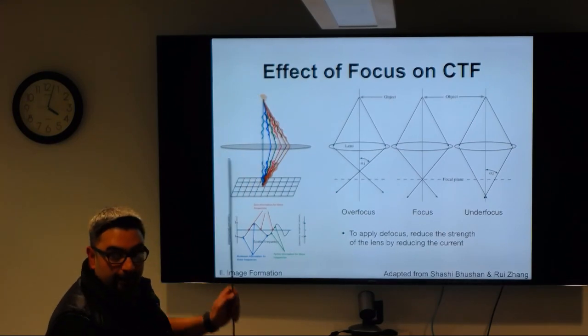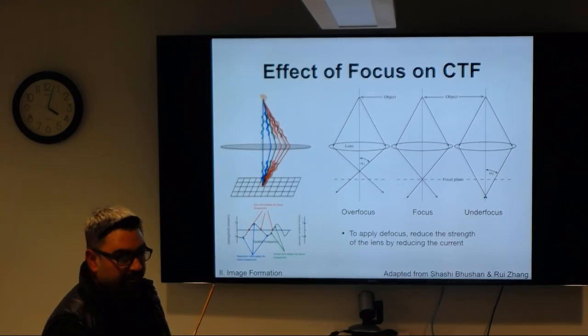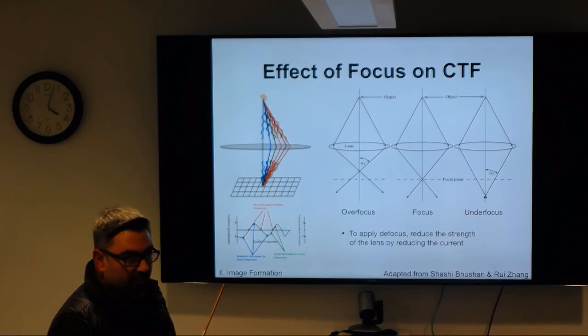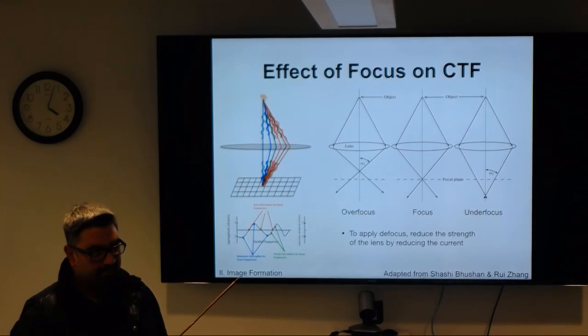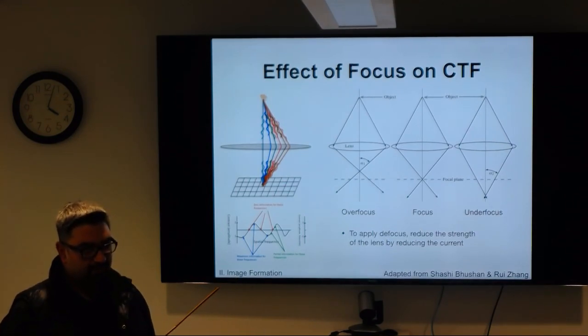That would be there if you had a perfect microscope. That's just the way that the waves are going to interact. Some of them are going to interfere constructively, and you'll get that information out, and some will be destructive, and will zero out, and you won't get information at that resolution.